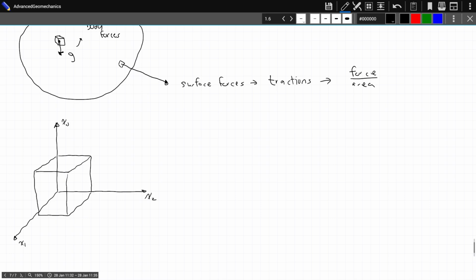Each of these faces is going to have an outward pointing unit vector normal to the surface. And then likewise, we're going to draw those tractions on there.